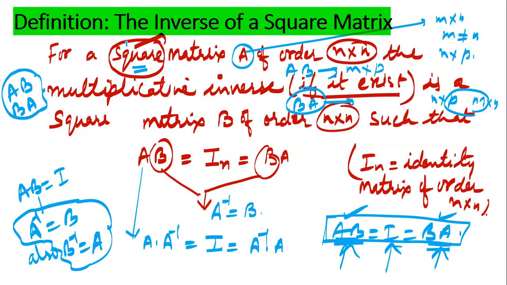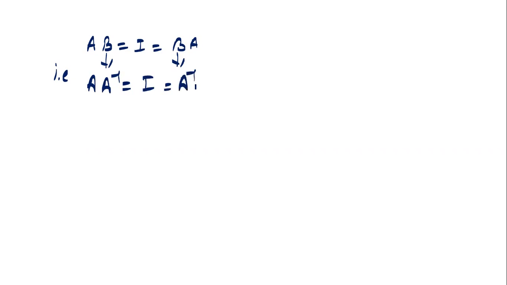So it is very important that we can find the inverse only of a square matrix. Then we concluded that AB equals I equals BA, that is, these are inverses of each other. This is possible only if A into A inverse equals I equals A inverse into A.